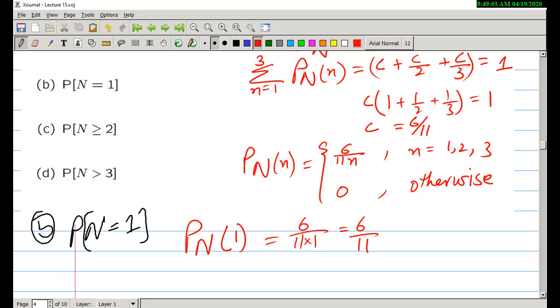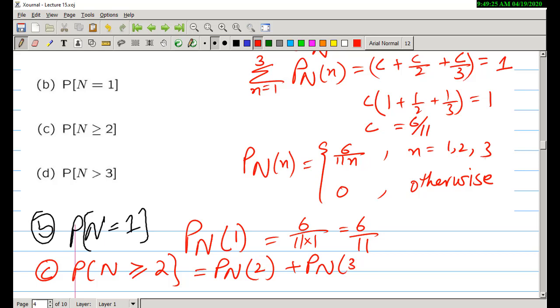That's very simple. Part C says the probability that n is greater than or equal to 2. It is defined for 2 and 3 only here, so we can write probability of n equal to 2 plus probability of n equal to 3.